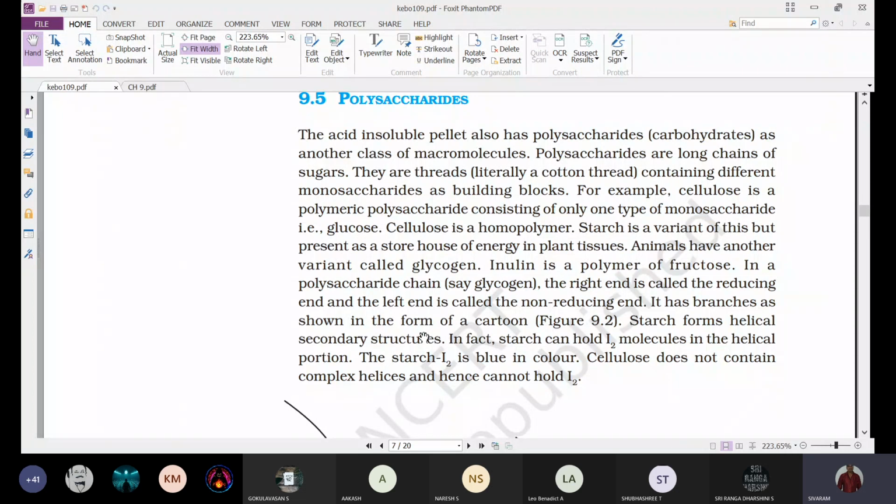Like that, four is tetra, five penta, six hexa, seven hepta, eight octa. Ten molecules and beyond, up to about 20, we call oligosaccharides, and beyond 20, many molecules, are called polysaccharides. So here we are discussing the polysaccharides.